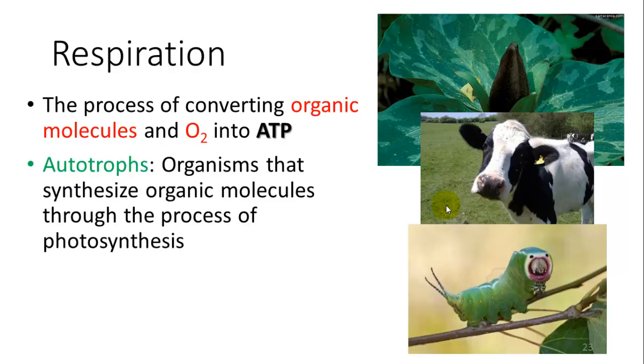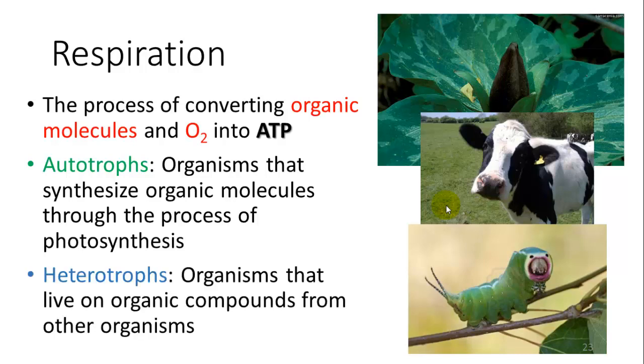Autotrophs are organisms that are able to build molecules, make anabolic reactions to form bonds that can later be used to make ATP. And these are ones that photosynthesize. Heterotrophs rely on other organisms, so they eat other organisms and then break down those molecules to allow the process of respiration to occur and energy to be used.